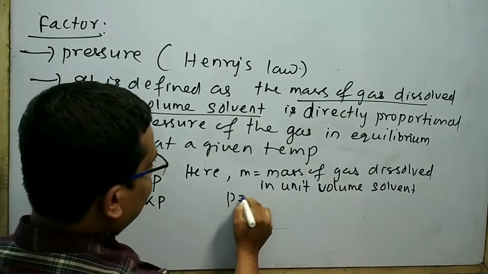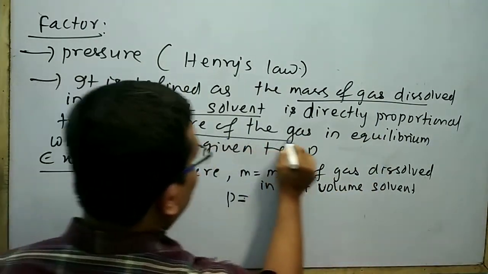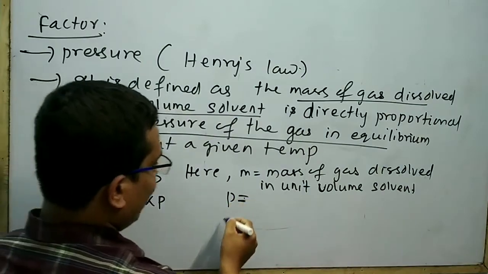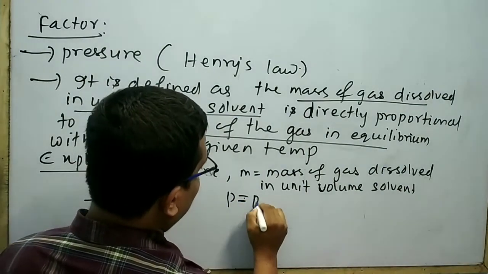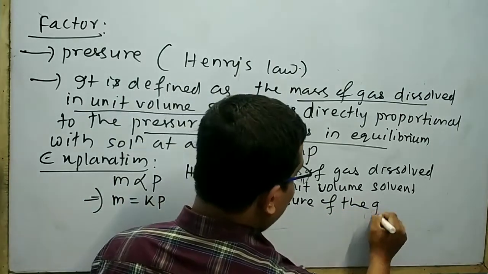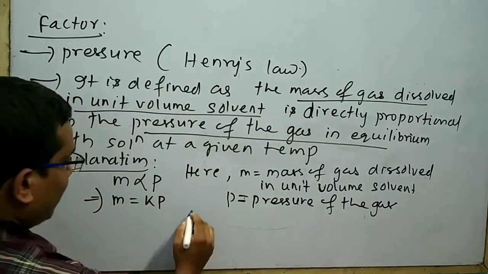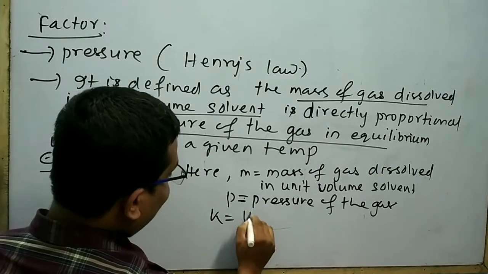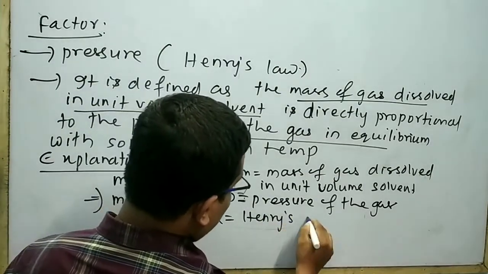P is the pressure of the gas. K is equal to Henry's constant.